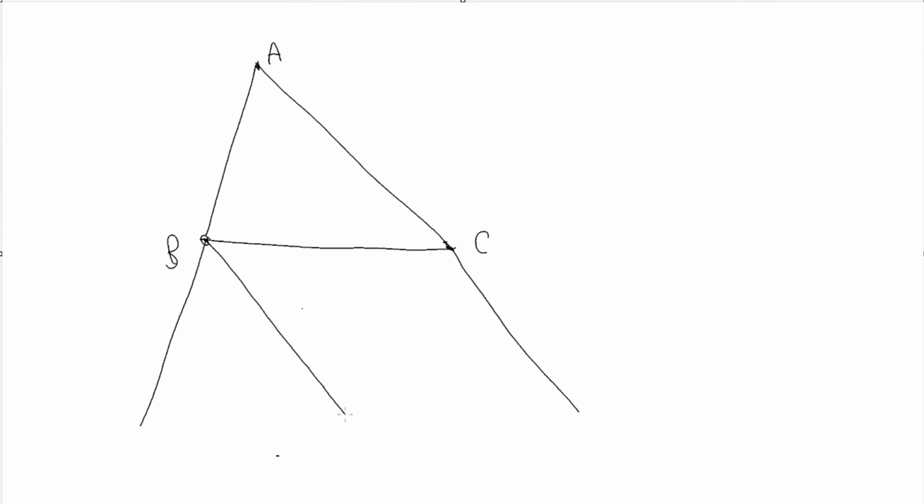So this line here is known as the external bisector. And if we construct the other external bisector, they intersect at this very funny point outside of the triangle. And this point is known as the A excenter.